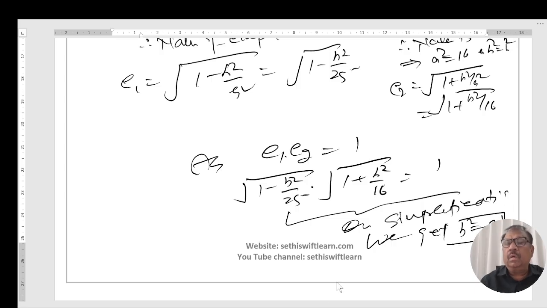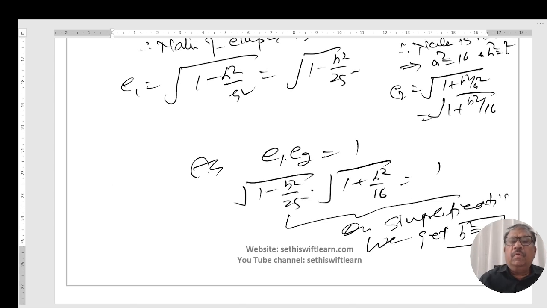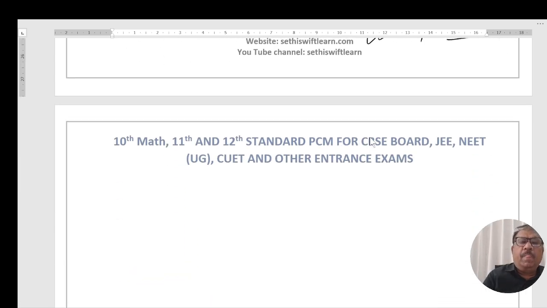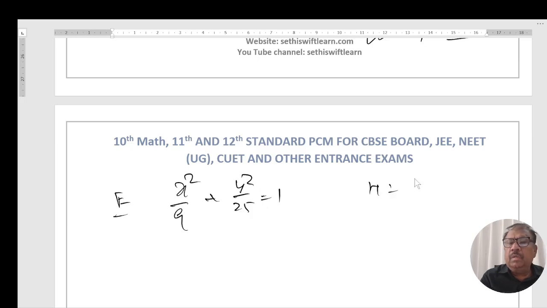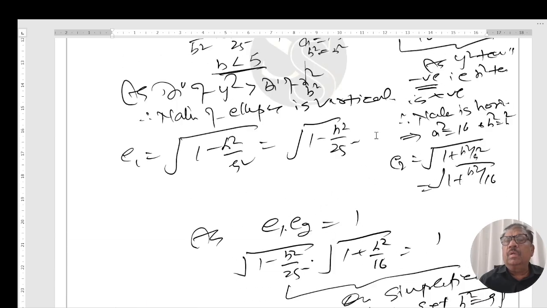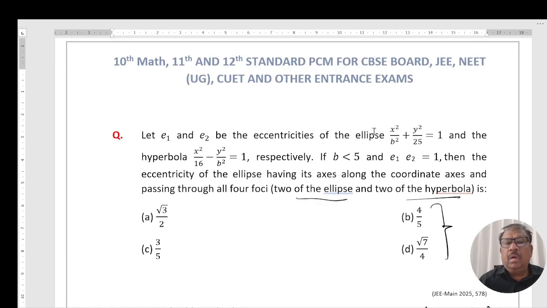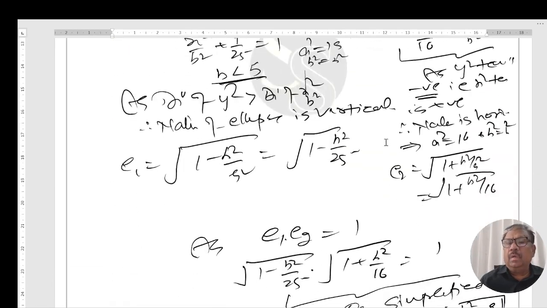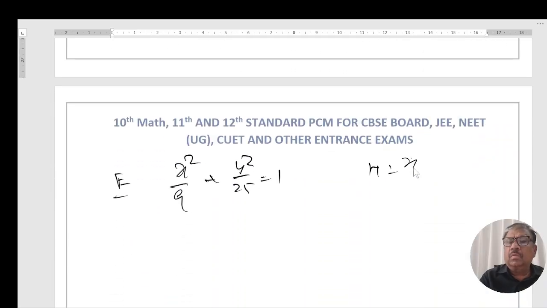Now further, the ellipse will be x square upon 25 plus y square upon 9 equal to 1. And the hyperbola is x square upon 16 minus y square upon 9 equal to 1.